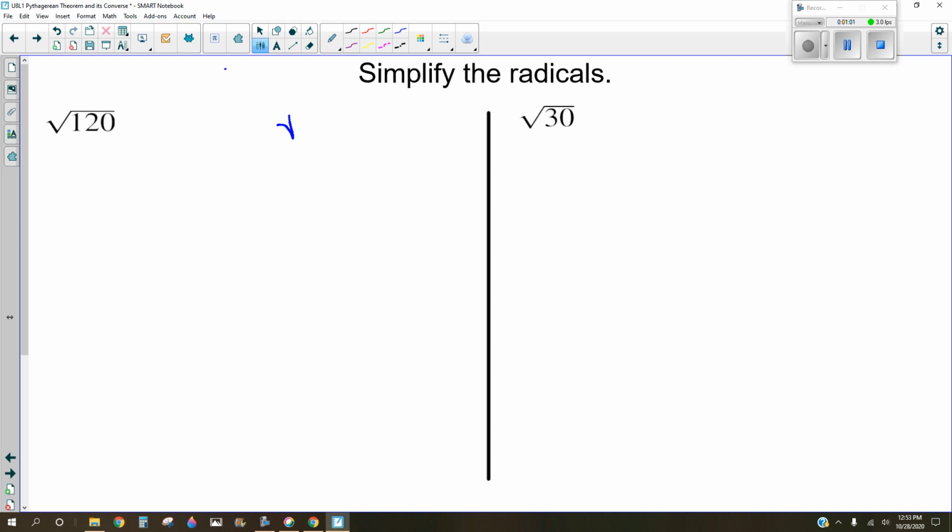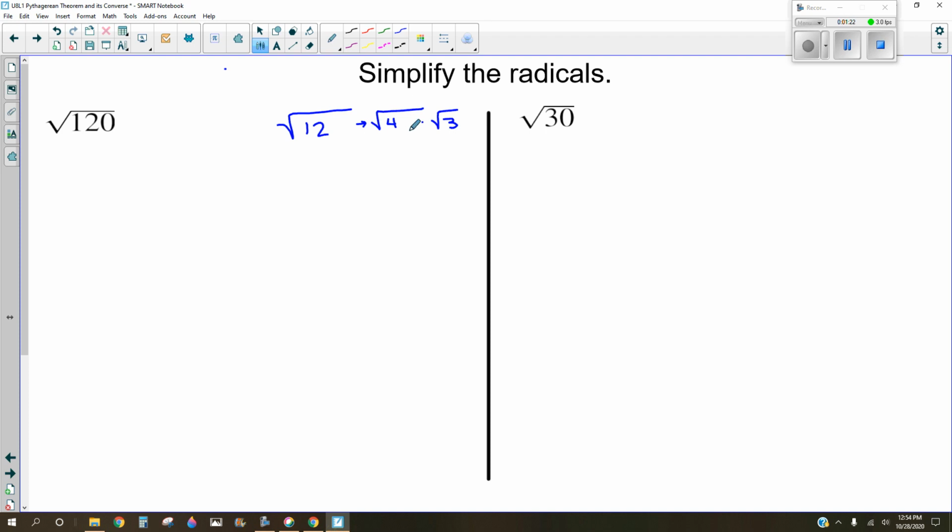So for instance, if I had the square root of 12, I could break 12 into two separate numbers. I could say this is the square root of 4 times the square root of 3, because 4 times 3 is 12.